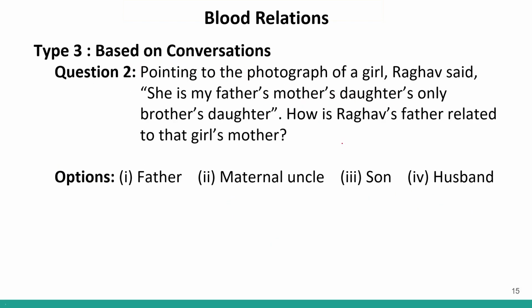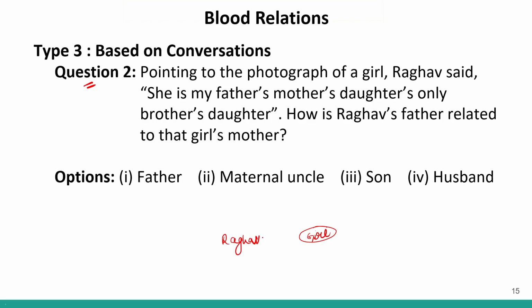Easy? Question number 2. Pointing to the photograph of a girl, Raghav said, the girl is my father's mother's daughter's only brother's daughter. So first we have to find the relationship. Let's say Raghav is over here.